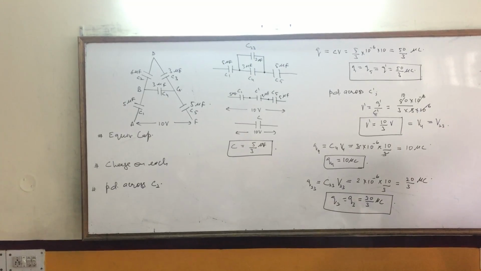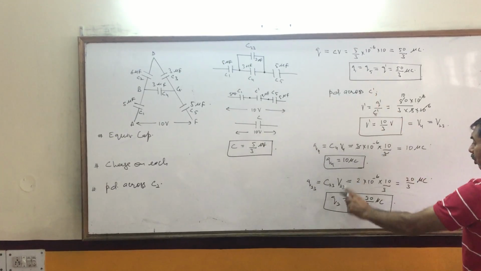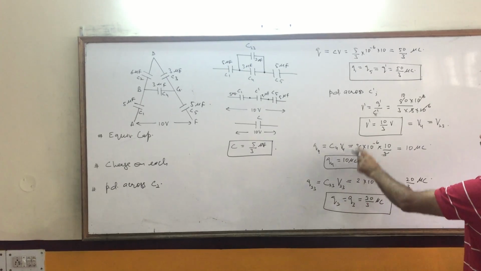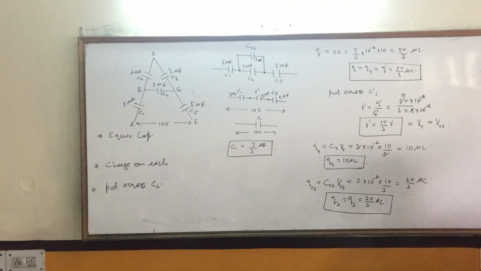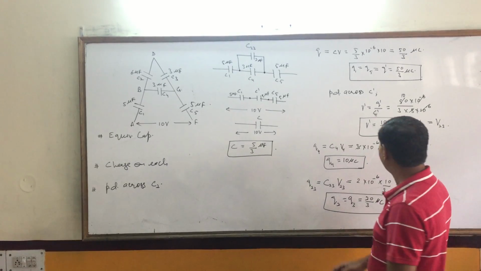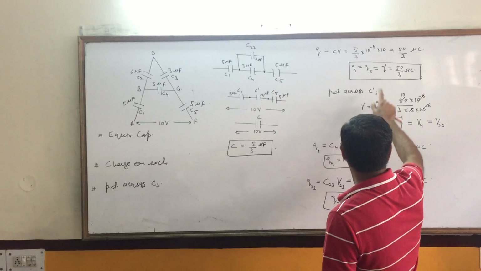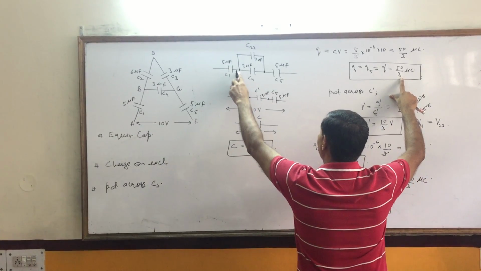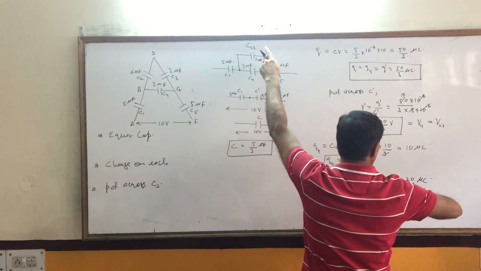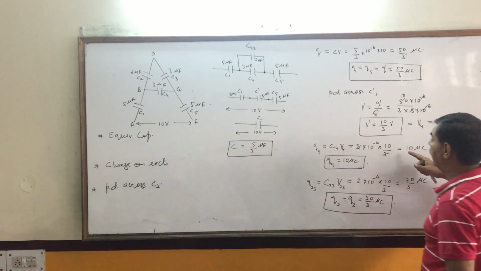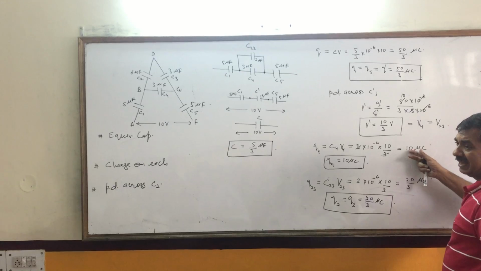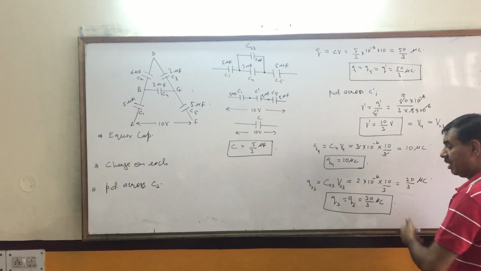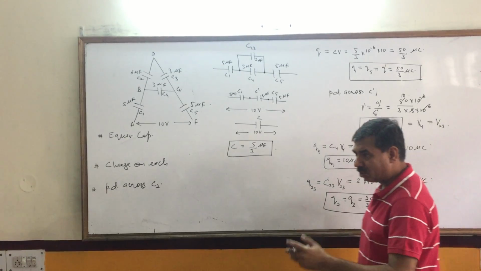We have found Q1, Q2, Q3, Q4 and Q5. The charge on C1 is 50 by 3. 50 by 3 gets divided amongst 20 by 3 and 10. The total has to remain the same.